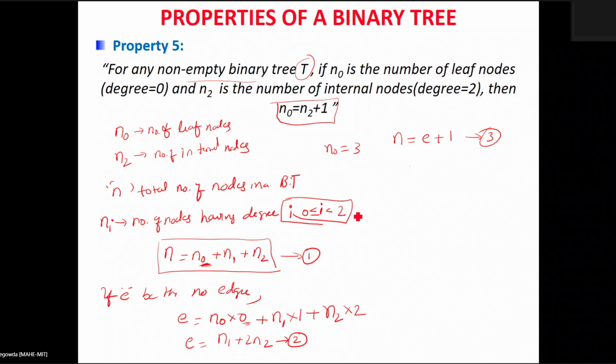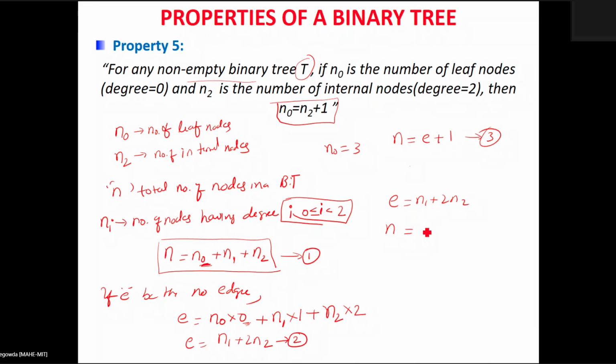E is equal to n1 plus 2n2. This is from equation number 2. So equation 3 becomes n is equal to e plus 1.